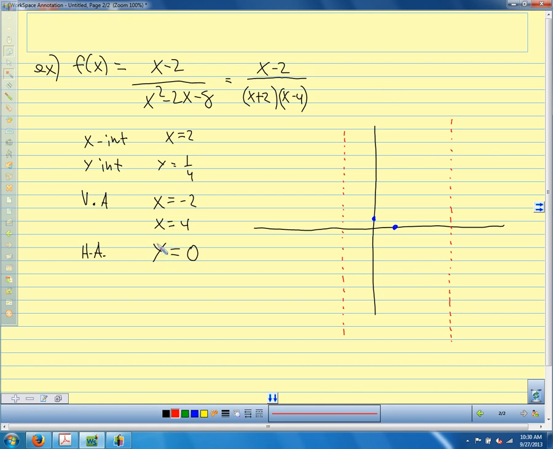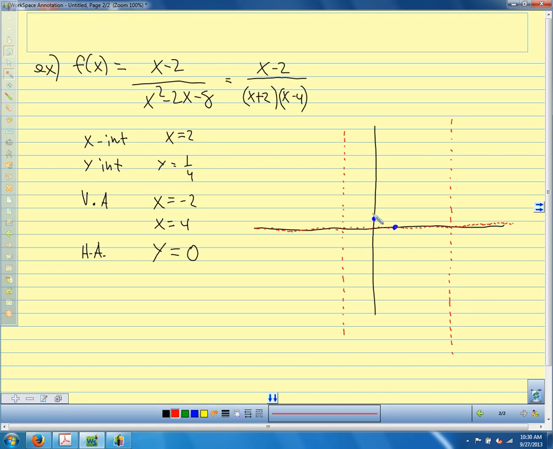And we have a horizontal asymptote at y equals 0. So that's the x-axis. So there's my horizontal asymptote. So my function can do various things in between here, and it could be here, here, here, or here outside the vertical asymptote. So that's why we need to plot some additional points.